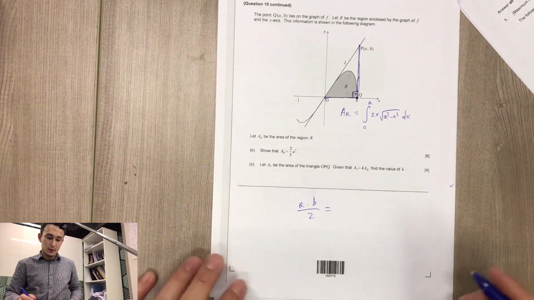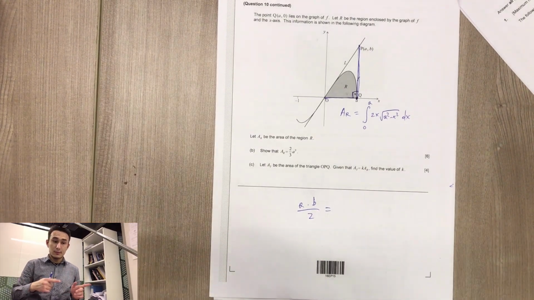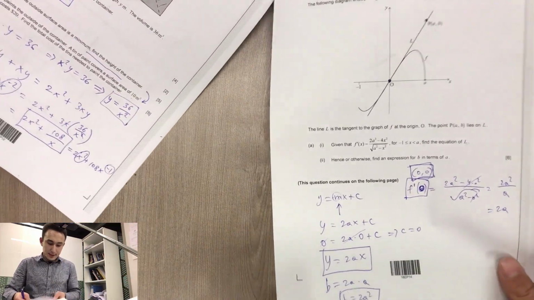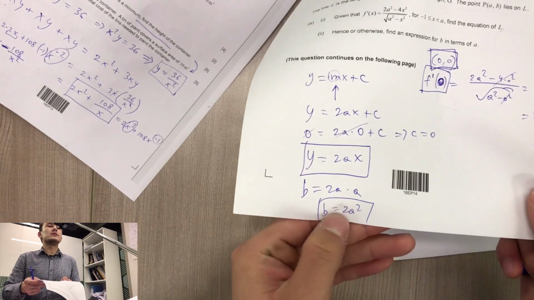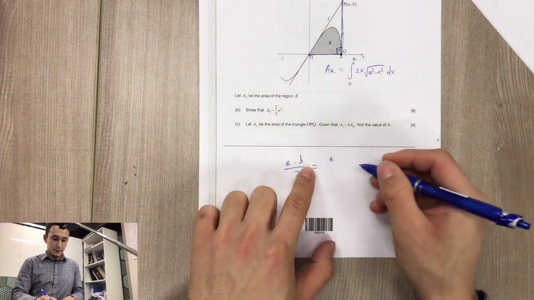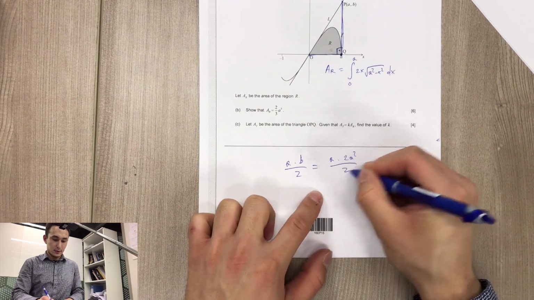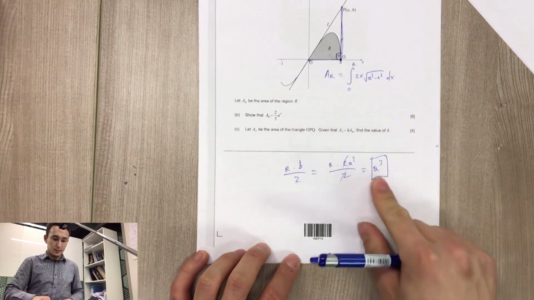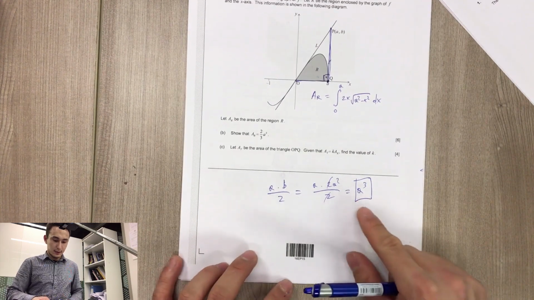And then we know from a few minutes back that b is equal to 2a squared, right? You see this? b is equal to 2a squared. So using this, substitute here, a times 2a squared divided by 2. So 2 and 2 will cancel out, so it's a cubed, okay? So a cubed is the area AT.